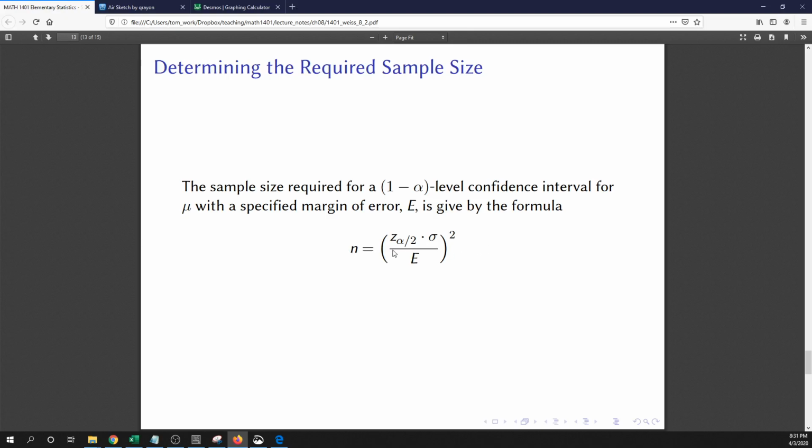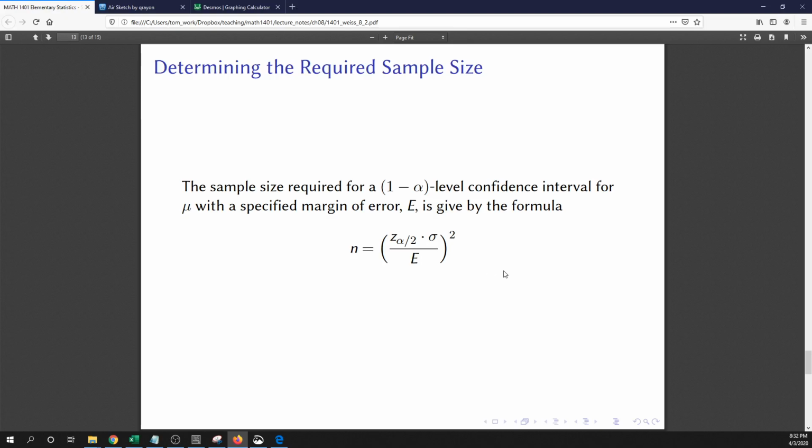It comes from the formula for the confidence interval, x bar plus or minus z of alpha over 2 times sigma divided by square root of n. If you solve that for n, roughly speaking, you wind up with this formula. I'm not going to go through the steps of doing that. I'm just going to show you how to use this formula.